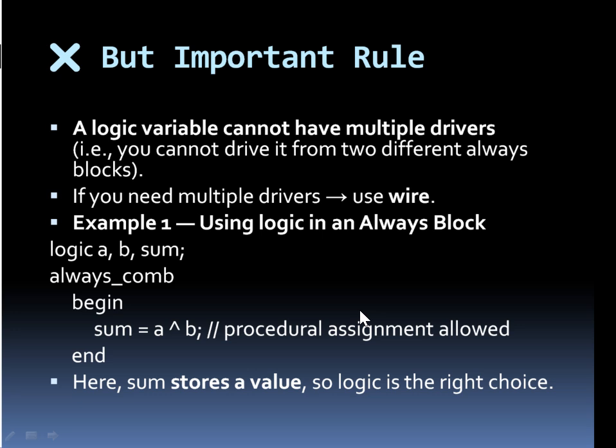We don't have to think whether to use reg or wire. Earlier in Verilog, for a continuous assignment we had to use wire for physical connection, and for storing a value in procedural blocks we had to use reg. We don't have to think about all those things in SystemVerilog. We can directly use logic.